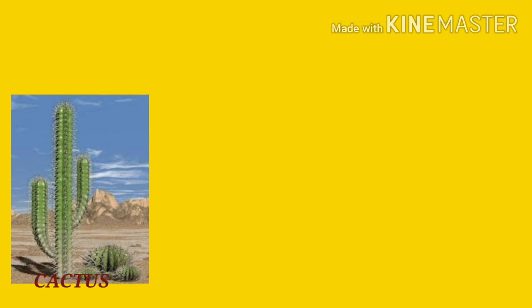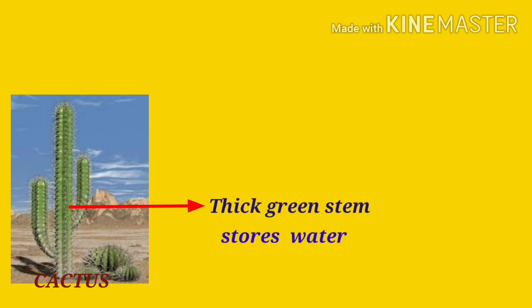When we look at the structure of cactus, you can see the cactus plants have a thick green stem. This stem stores water. When water is not available, plants take the stored water from this stem.